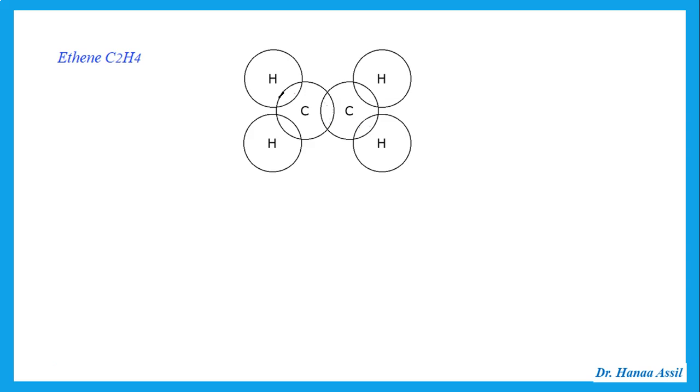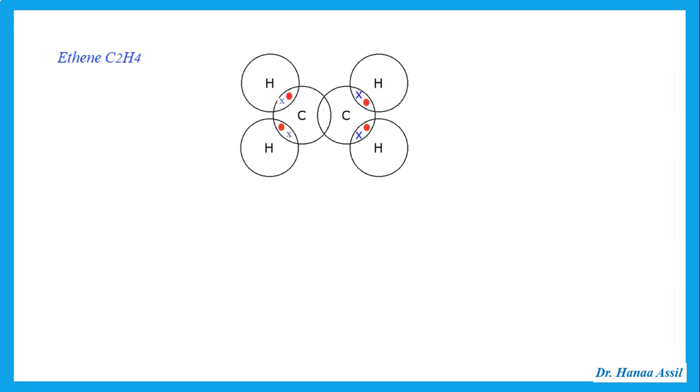What about ethene? Ethene is a molecule we'll be talking about when we talk about organic chemistry, but for now we know that ethene has two carbons and four hydrogens. So this is what we're starting with. Now, how are we going to distribute electrons? Of course, each hydrogen has one and needs one from the carbon. So these are the hydrogens. What about the carbon?